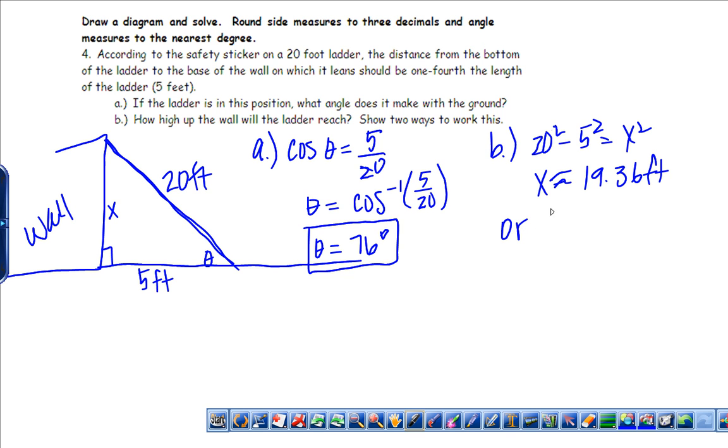Or if you would like to use a trig function, I would use tangent since you're looking for x, and you could use your 76. So that would be tangent of 76 degrees is equal to x over 5. And x is going to give you, of course, 19.36 feet. Either one is appropriate. It's totally up to you.